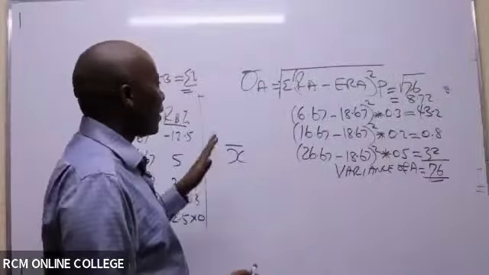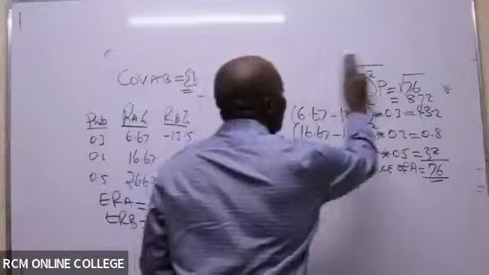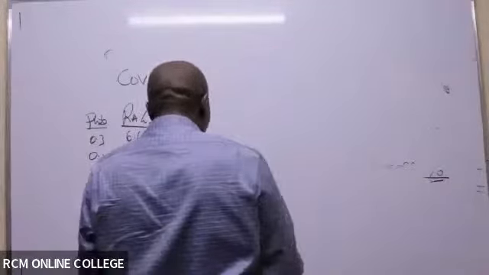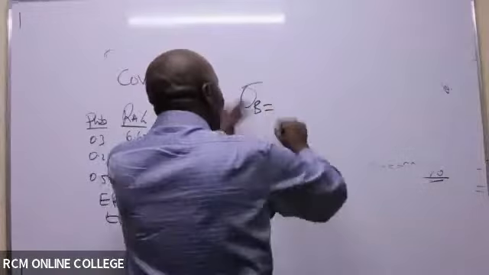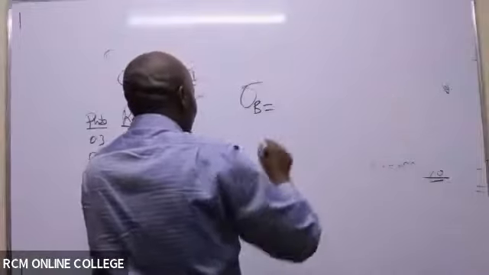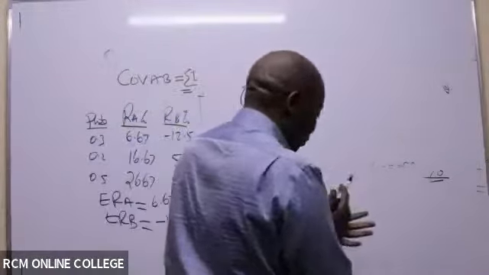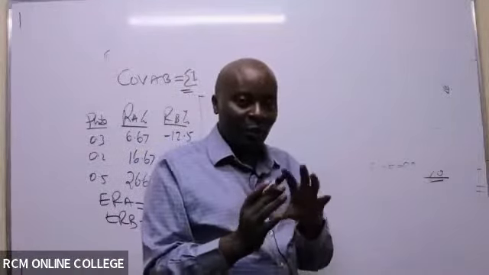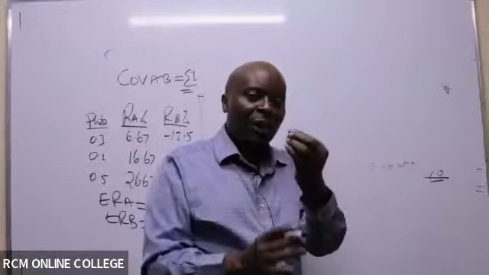Then we have the standard deviation of B. So standard deviation of B, what do we have here? Of course, I can't start with the square root. Somebody told me some time back that when they hear the word square root, they imagine capital root, like a small animal.